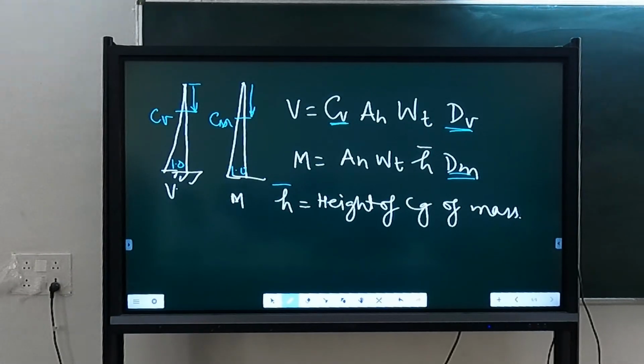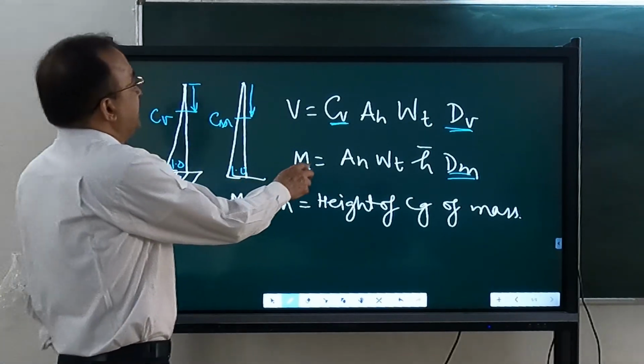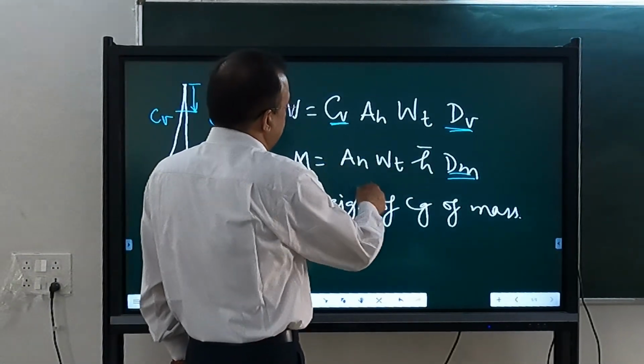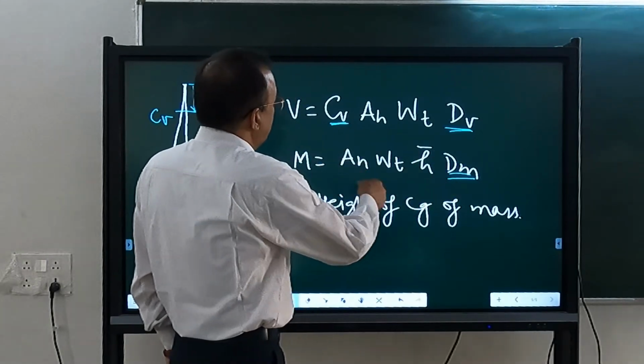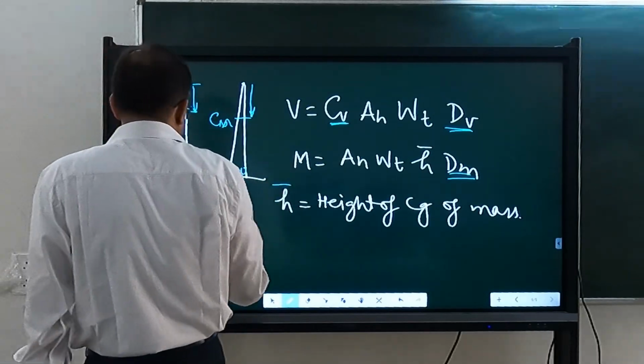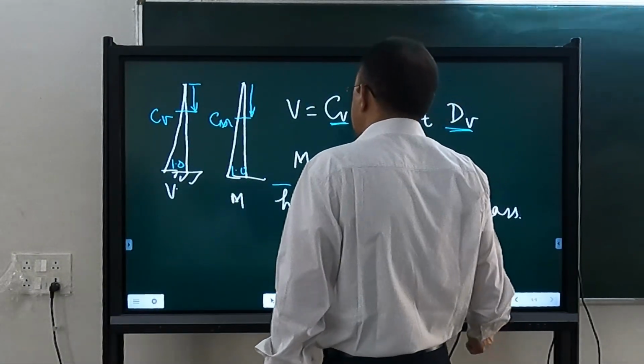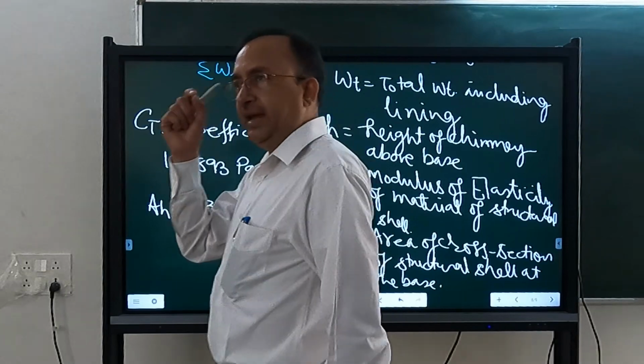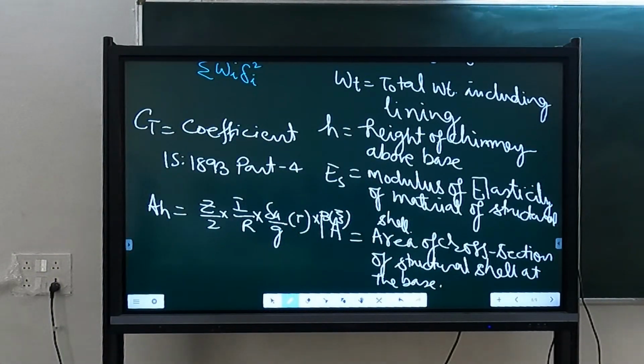There is no CM coefficient; that's why I had written CM and then deleted it. There is dm. So the moment is simply AH into WT into H at the base, where dm is equal to 1. So this AH they are assuming to be acting at the CG of the mass.